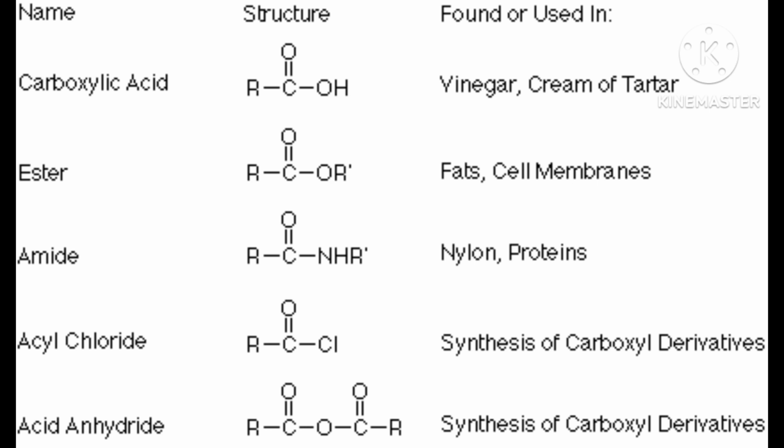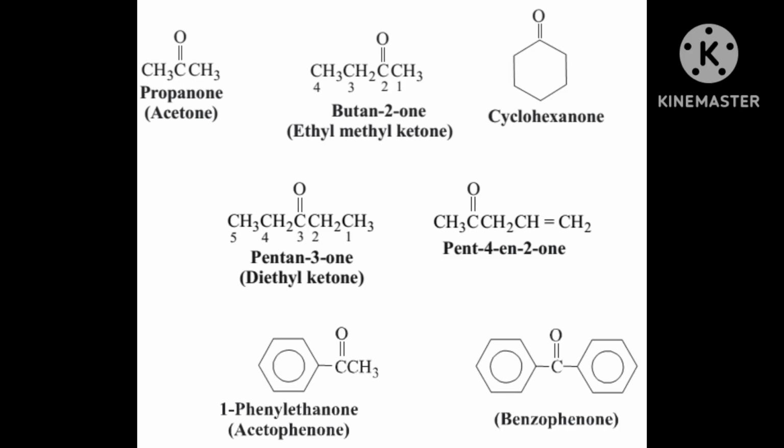The IUPAC names of open chain aliphatic aldehydes and ketones are derived from the names of the corresponding alkanes by replacing the ending E with Al in case of aldehydes and ONE in case of ketones, respectively.